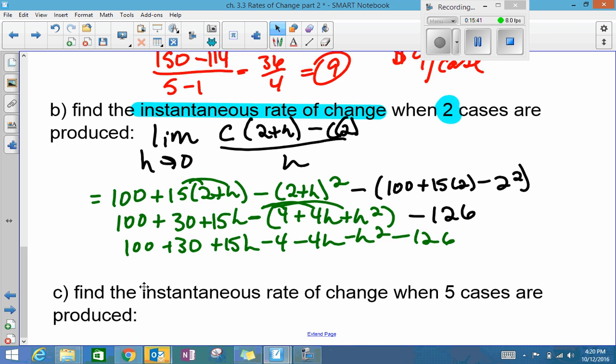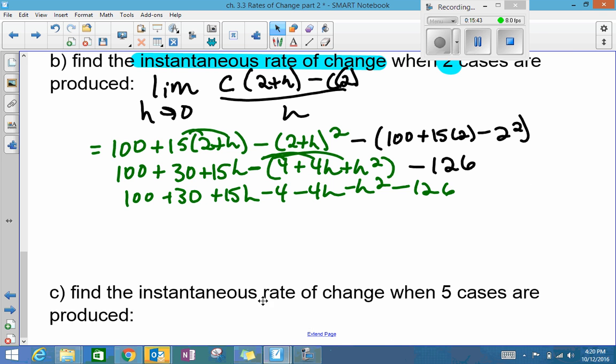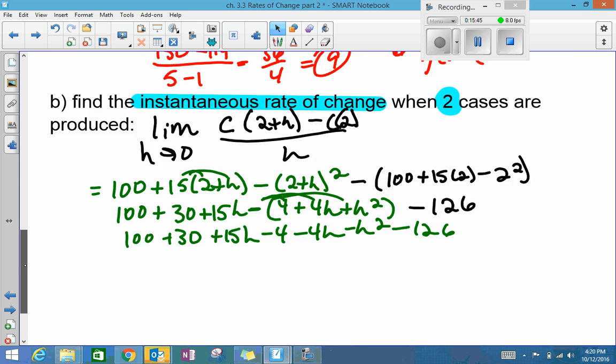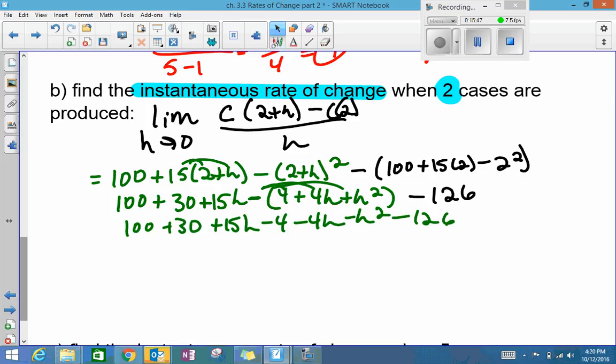So if I continue simplifying now and give myself a little bit more room. So now if we combine like terms, we get 100 plus 30 is 130, minus 4 is 126. So if you all will stay with me here, all of this cancels out to 0, right? Because we have 126 minus 126.